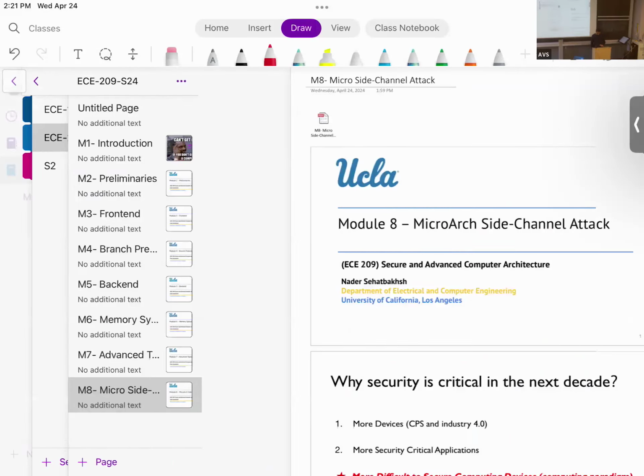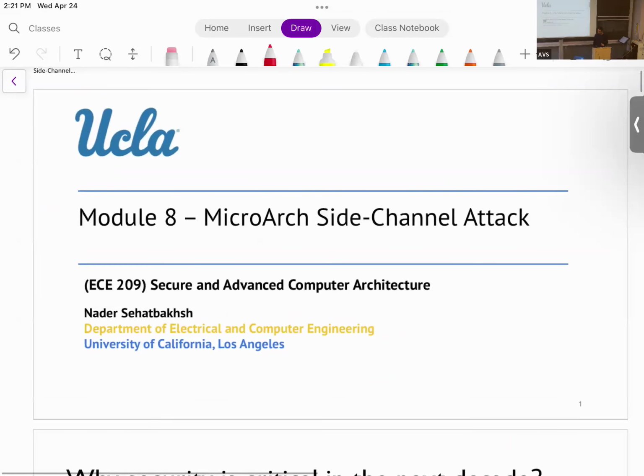So moving on. All right, so this is the end of our discussion of these advanced topics in microarchitecture. What will happen from now on in this course is that today I'm going to mainly talk about side channels and the security issues.